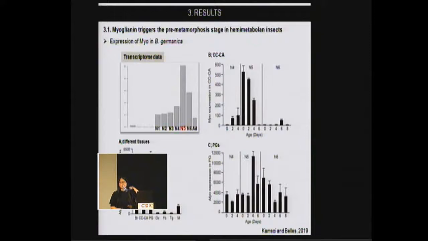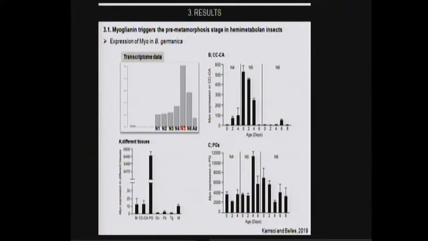So in Blattella germanica, we first studied the distribution of myoclonine in various tissues, and we found high expression of myoclonine in the prothoracic gland, also in brain, in corpora allata, and in muscle.